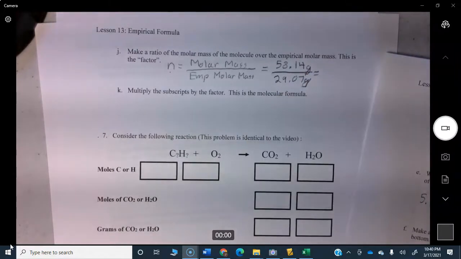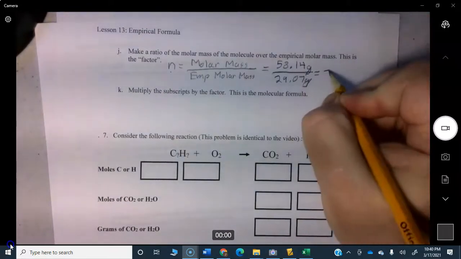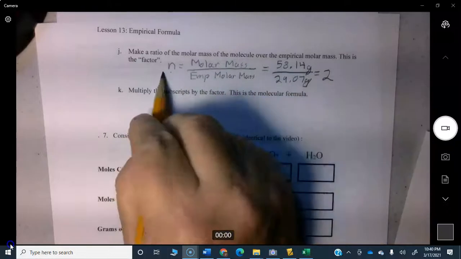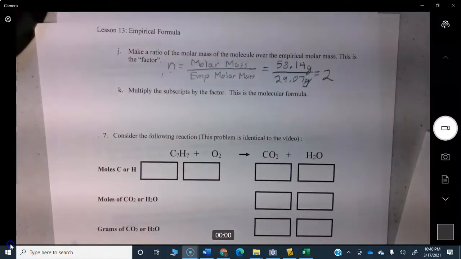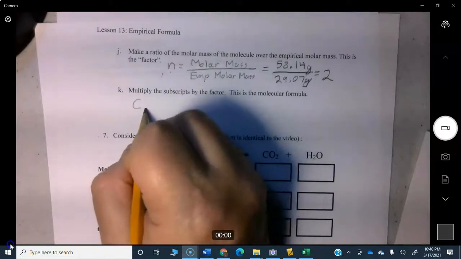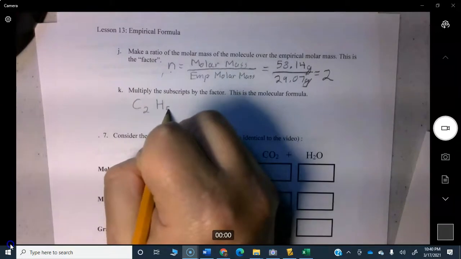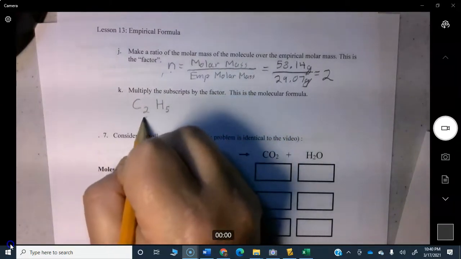So now we divide these two numbers and see what the factor is. And it's exactly 2. Exactly. So the factor N equals 2. So now what you do is you take the empirical formula C2H5 that we came up with previously, and you multiply each of these times 2.